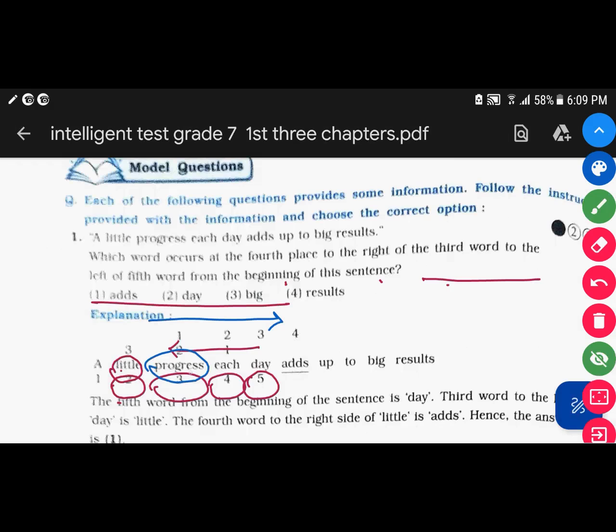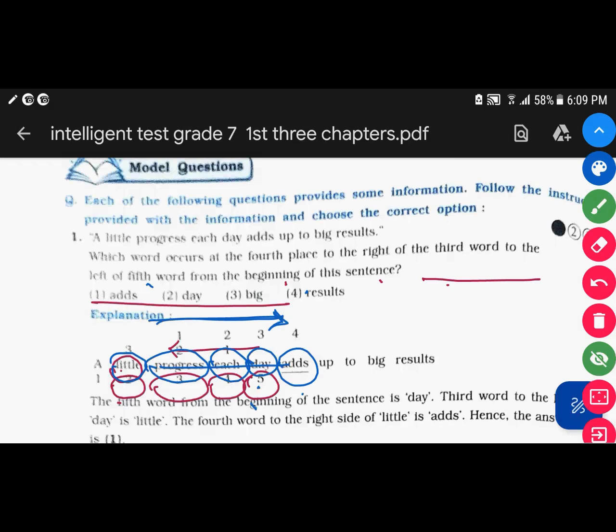So progress is the first word, each is the second, day is the third, and adds is the fourth word from the right of this third word, which is left to the fifth word from the beginning. Means you have to start from the end, then you will get the correct answer.